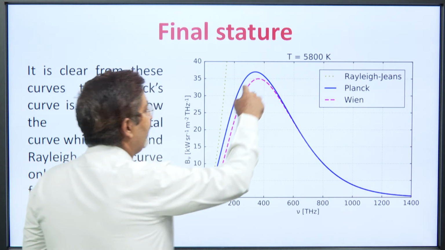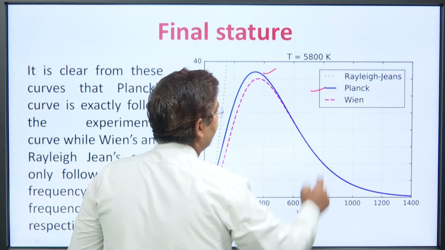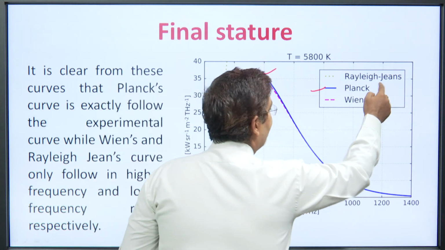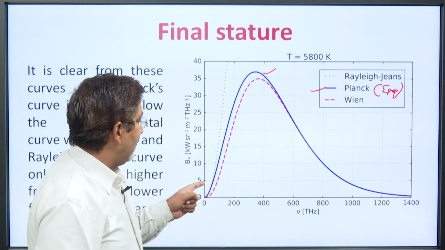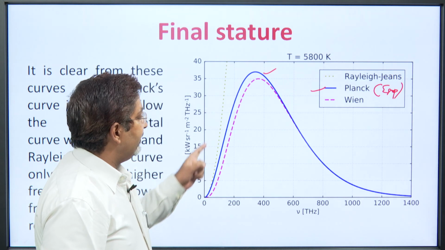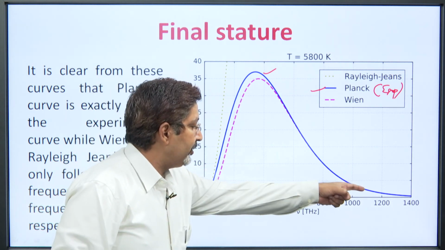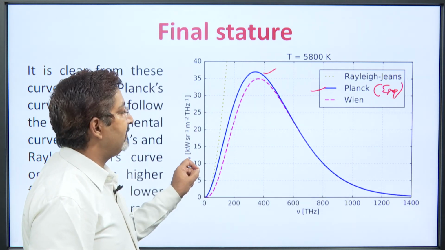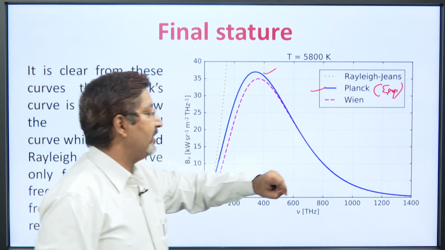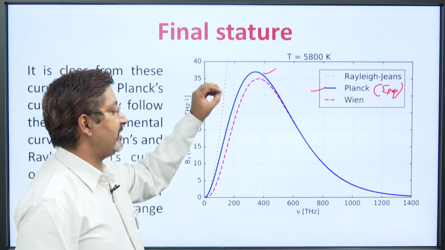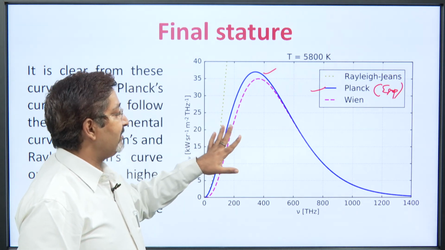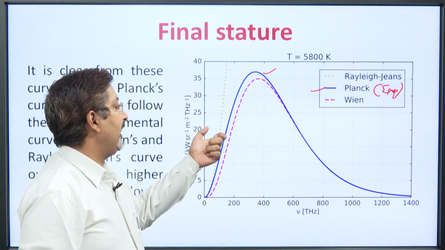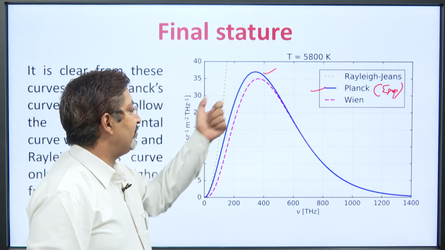The blue one was Planck's, and this is the same as the experimental curve. Planck's radiation law theoretical curve is exactly the same as the experimental curve. So, Planck's radiation law was successfully described, and no classical theory was earlier able to describe this.